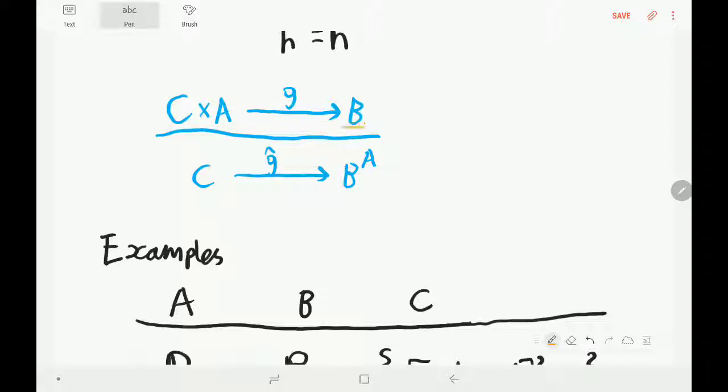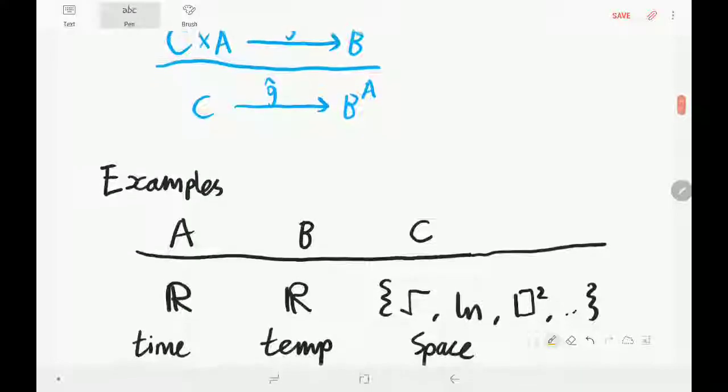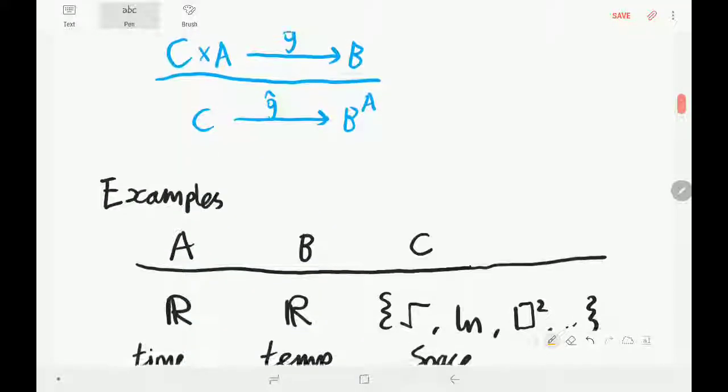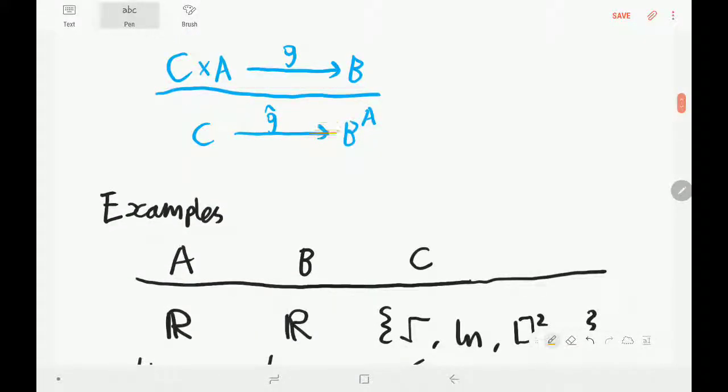Now, the equivalent idea, this kind of transpose G cap, takes a particle and gives us the trajectory of that particle, the map from time to space involved in that particle.